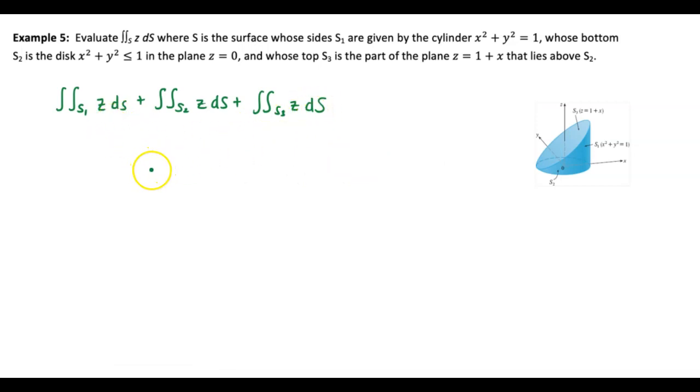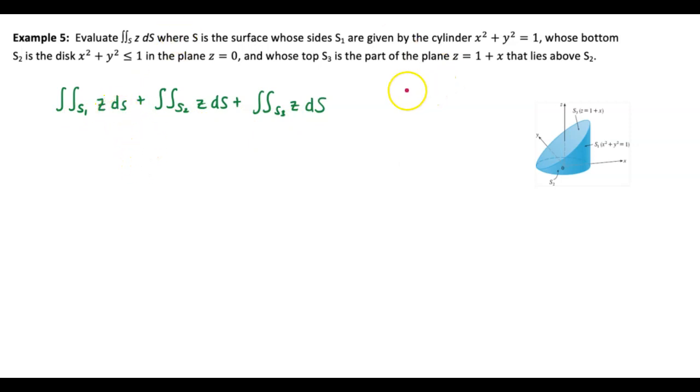Now the most difficult part of this is going to be to find out what the boundaries and this dS of each surface are. Because we remember that when we have this dS, this is going to come from 2 things.